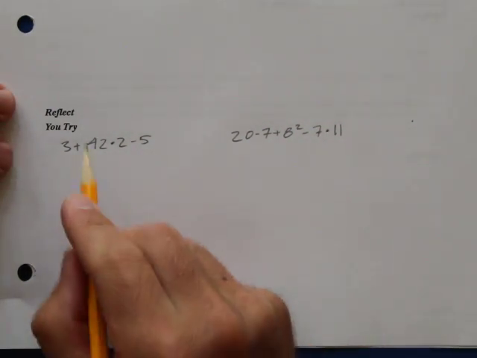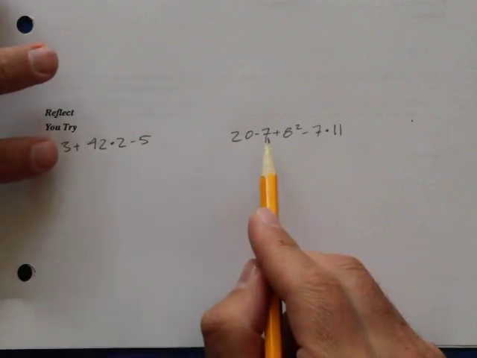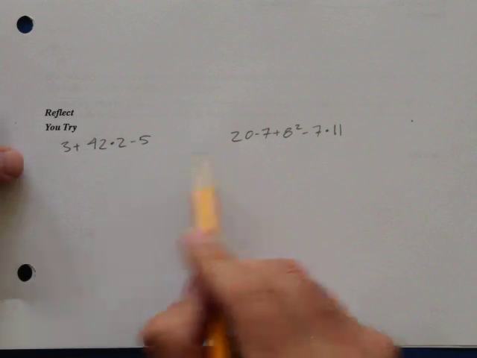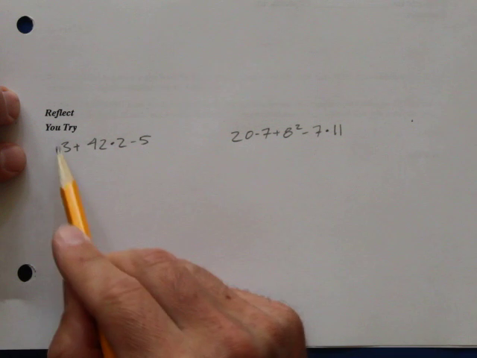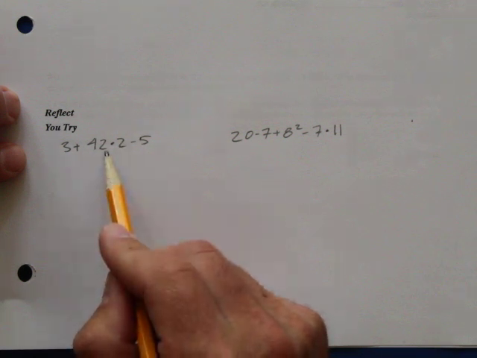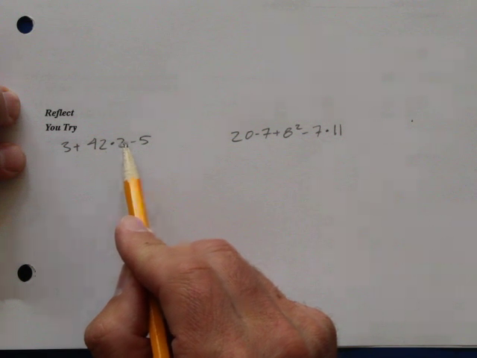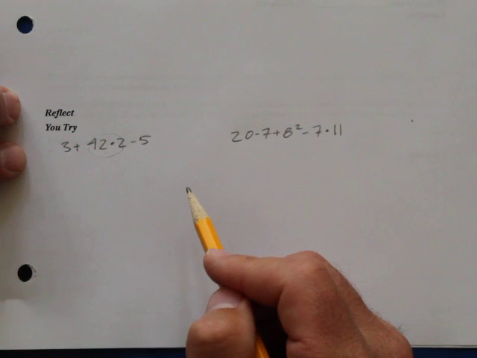All right, let's do these together here. Let's see how you did. So first I see that I don't have any variables in either of these, so I'm not going to worry about that step 1 there. But step 2, I am going to look at this one first. So I don't see any parentheses. I don't have any exponents, so I'm going to go straight to multiplication and division because I have multiplication here, but no division.